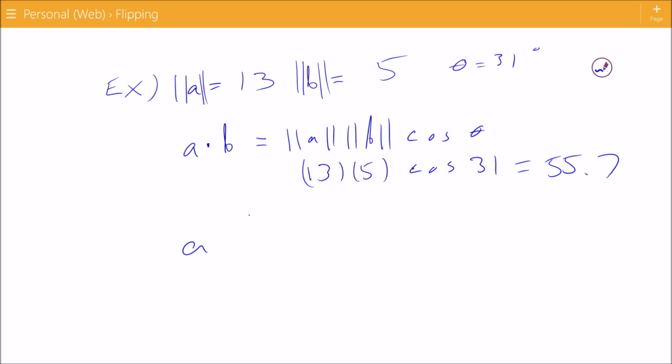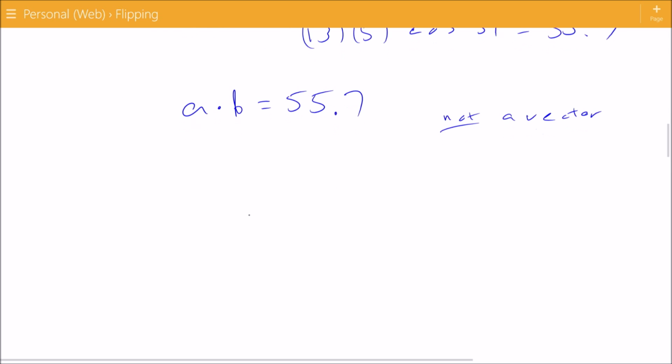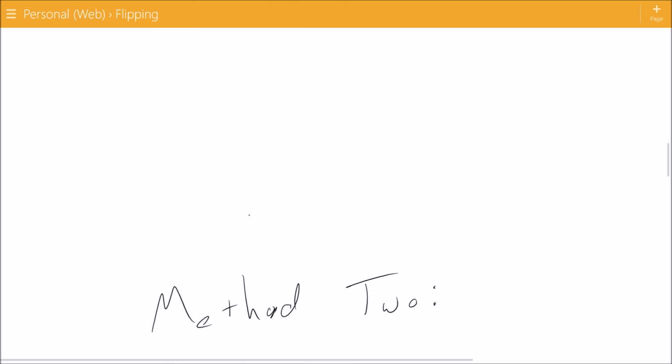So A dot B is going to equal 55.7. Notice this is not a vector. You have a quantity here, which is a scalar. Not the same really as just good old scalar multiplication. This is the dot product, but this does not result in a vector. So that is method 1.